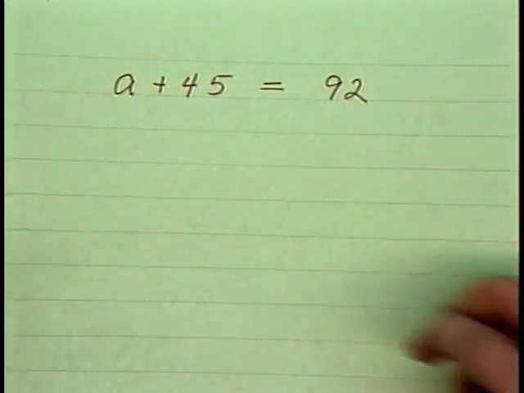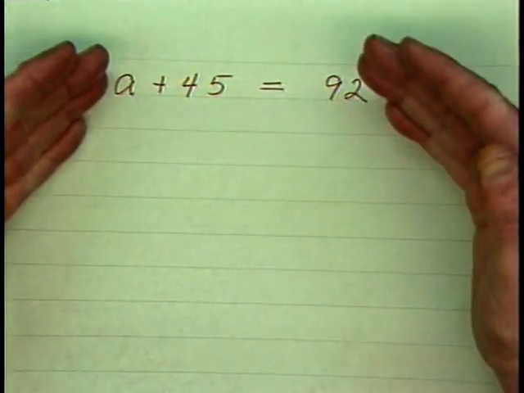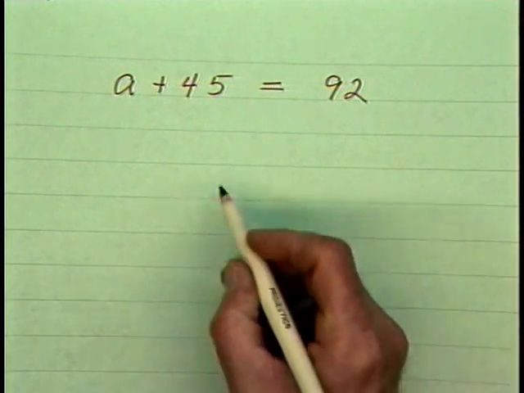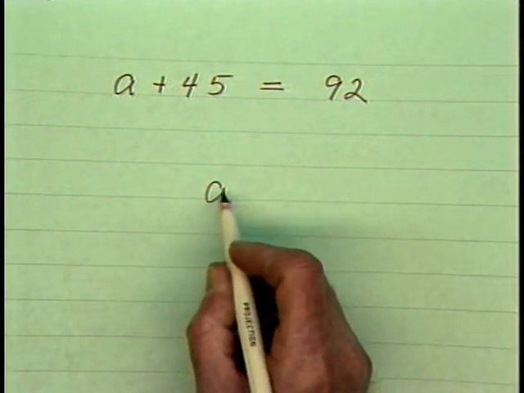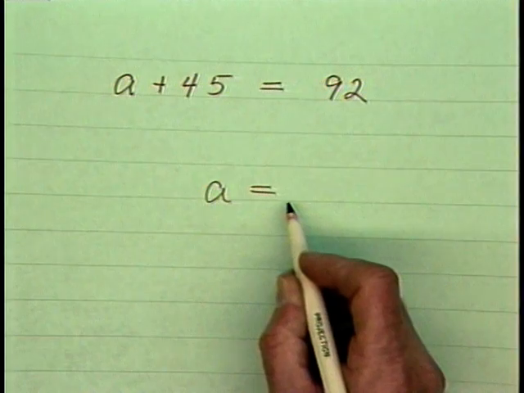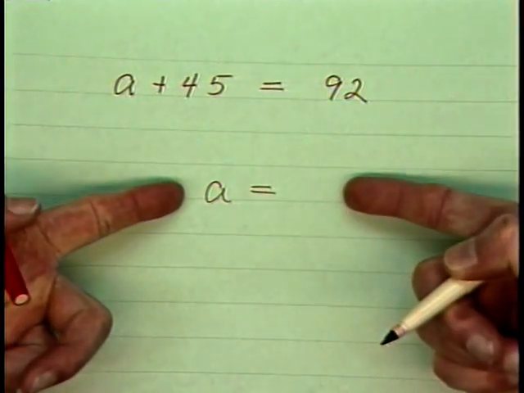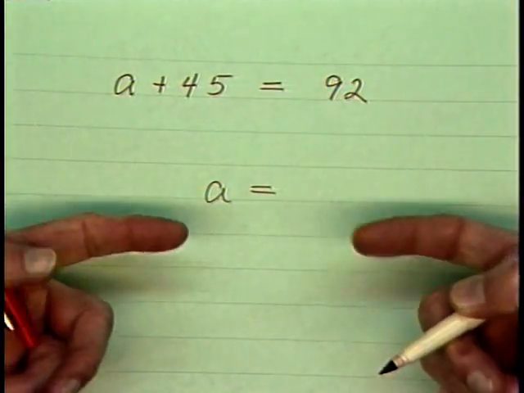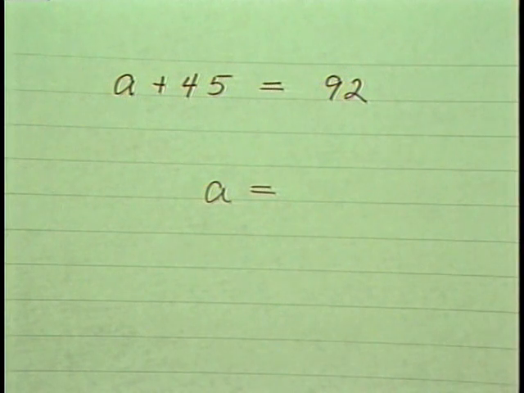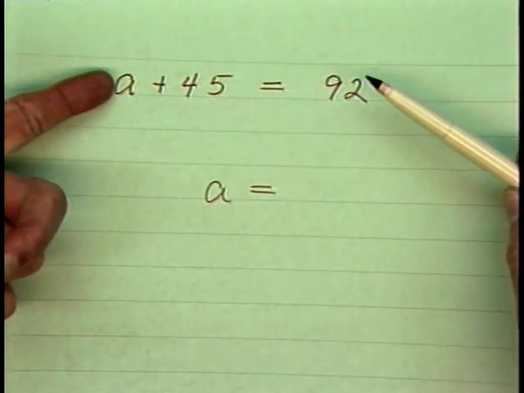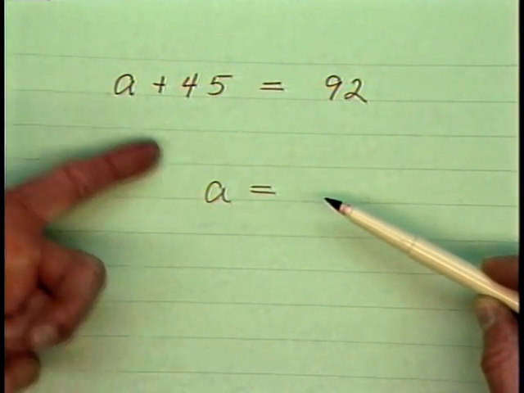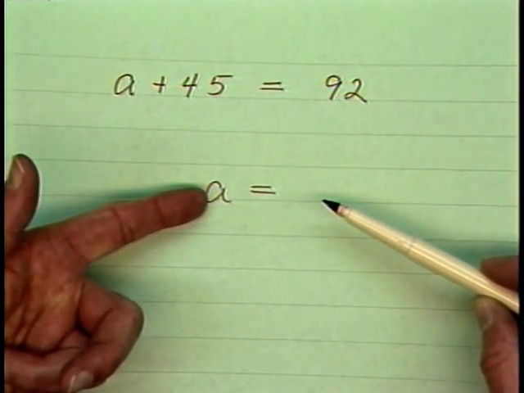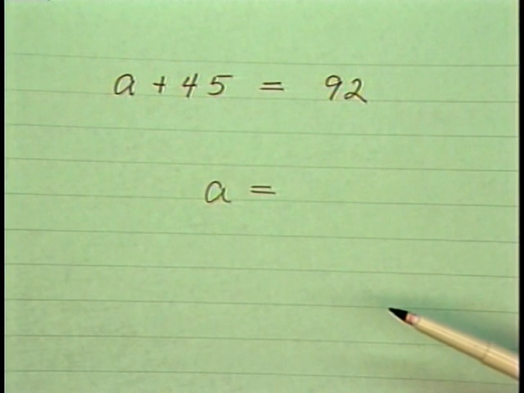Now, if just thinking what's written here is sufficient for you to tell somebody what that letter is standing for number-wise, then just write it. There's nothing to do. But what the algebra rules are for is a way of getting from this statement to determining what this variable is through a more methodical method.